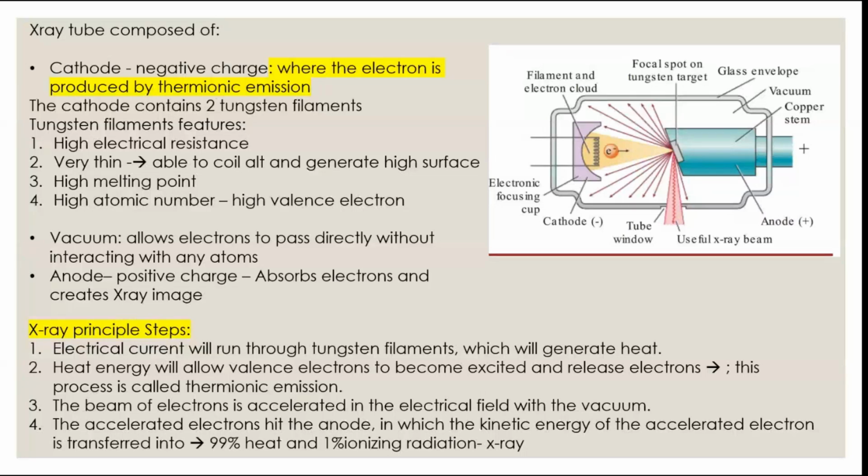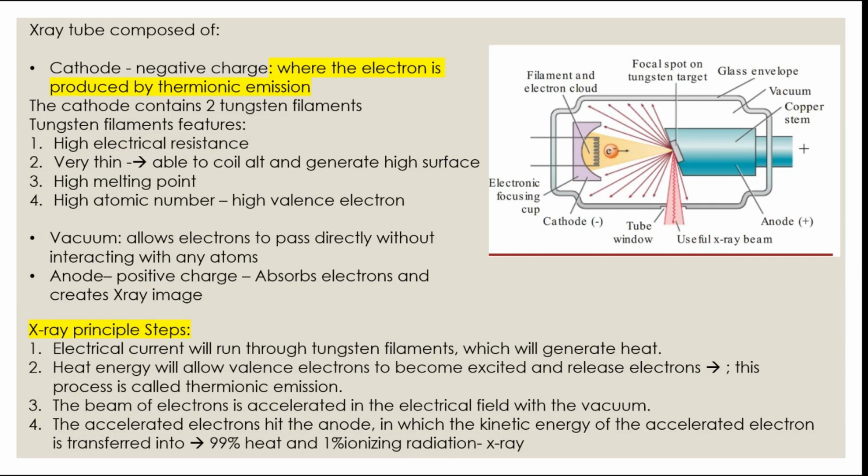They heat up and create heat energy. This heat energy allows the valence electrons to become excited, if you remember from physics. You give energy, the electrons go up to a higher position, and they release energy and a photon. This leads to the release of electrons, and this whole process is called thermionic emission.